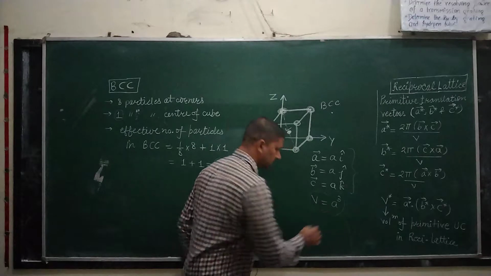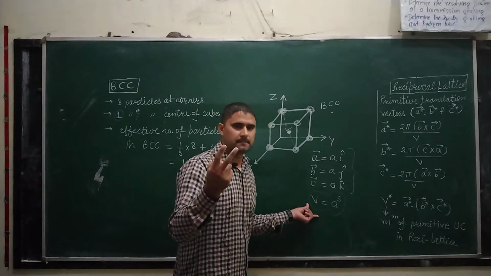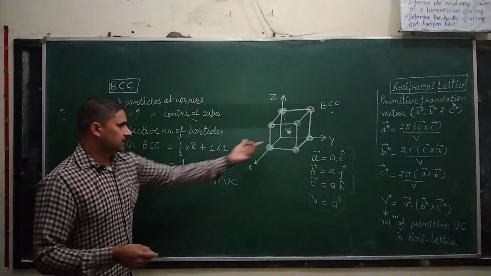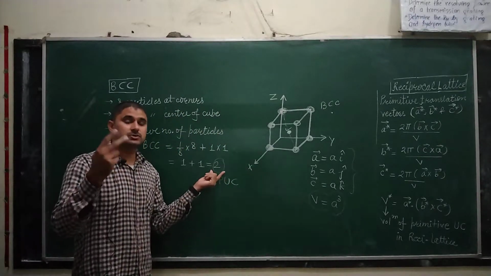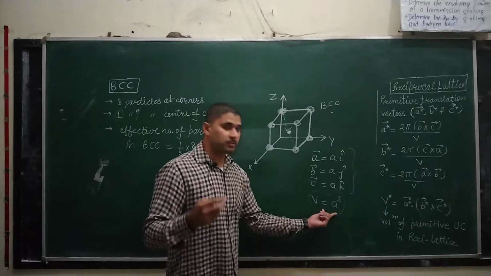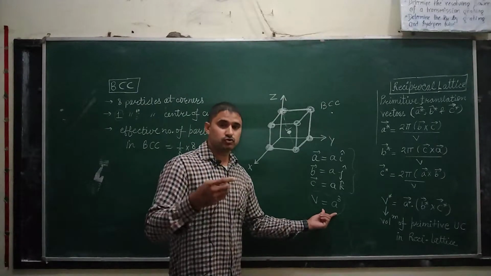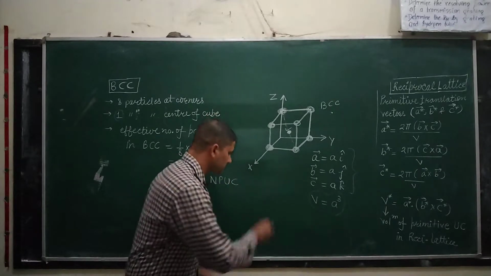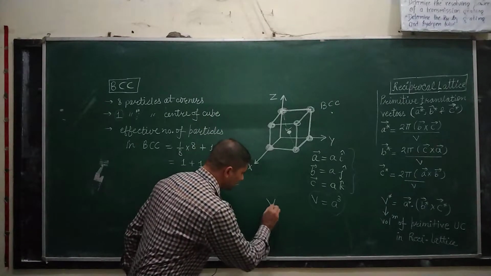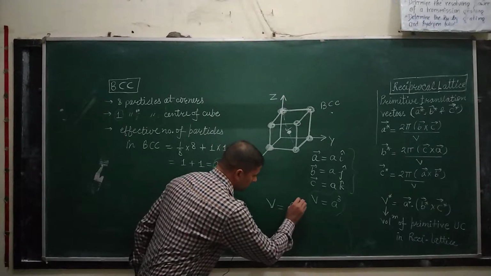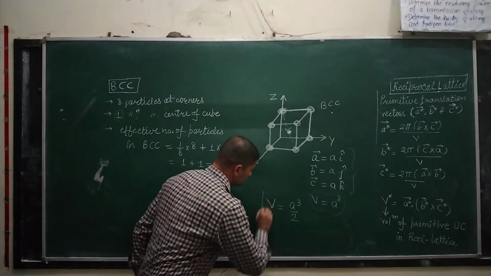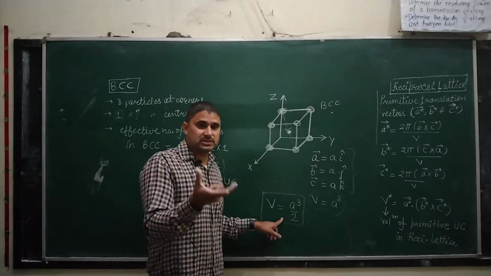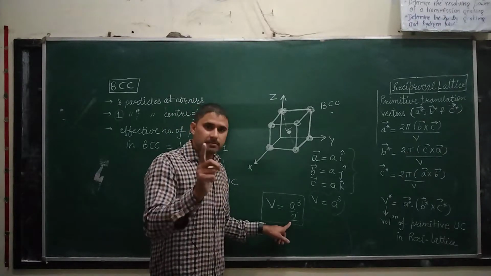This volume is shared by two particles. Okay, you can see in this cube the effective number of particles is 2 and the volume occupied is a cube. Mean to say the volume for one particle must be a cube by 2. Okay, so this is the minimum volume which is required for one particle.